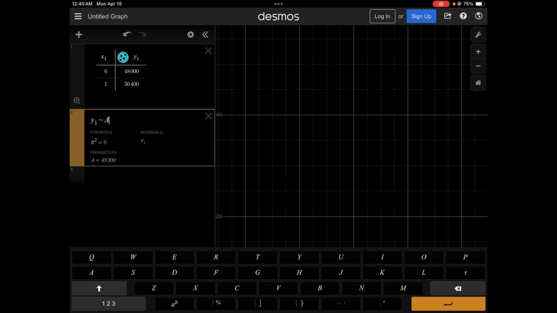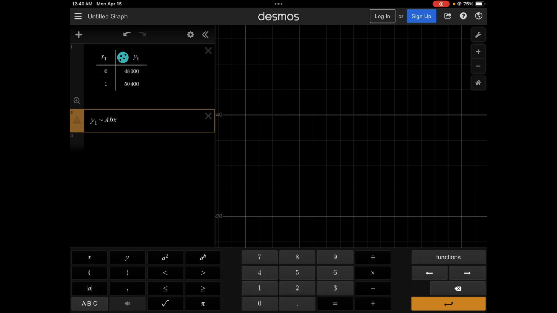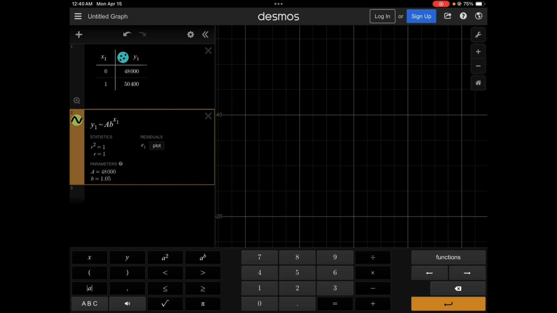Now let's see if that's enough data to give me the exponential function: y1 tilde A times B to the x1. And it gives me that A is 48,000 as I expected and B is 1.05.